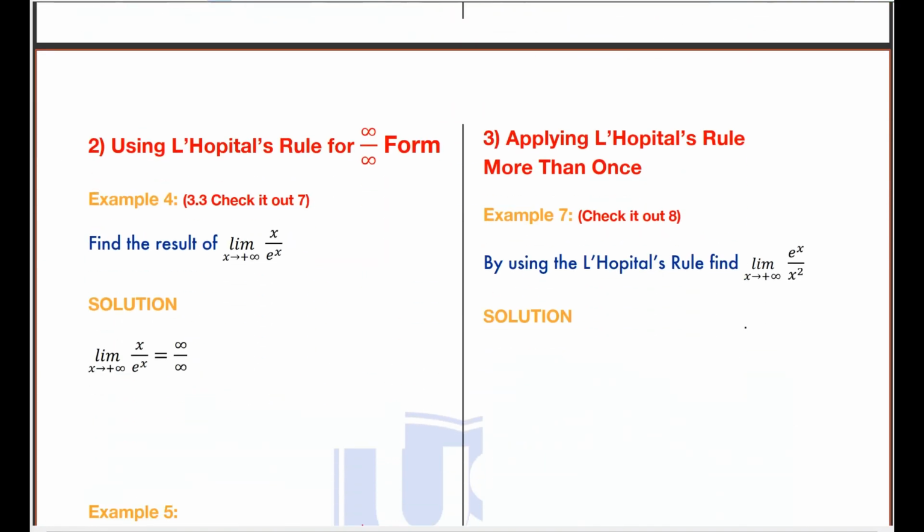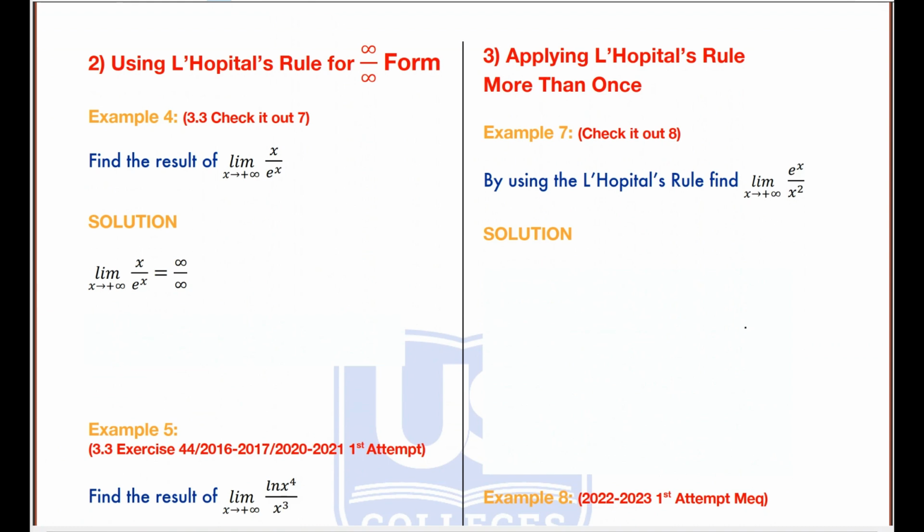Okay, first question about the infinity over infinity form. Here I have the limit as x approaches infinity of x over e to the x. By substituting infinity for x, we get infinity over infinity, which means we should take the derivative of top and the derivative of bottom.